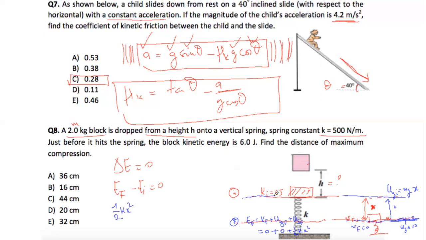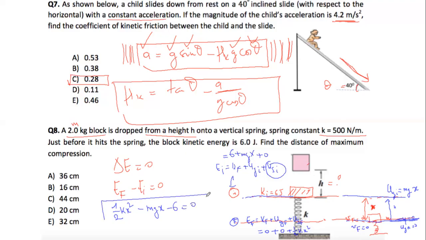Now in my initial state, E initial will be K initial, which is 6, plus UG initial, which is mgx, plus US initial, which is 0, because the spring is relaxed. So minus E initial, which is minus mgx minus 6, is equal to 0.